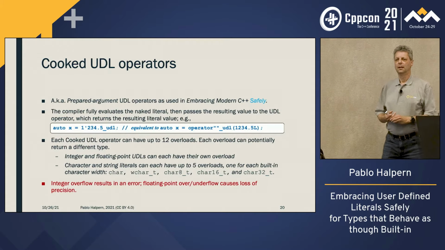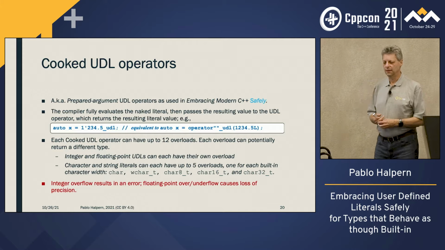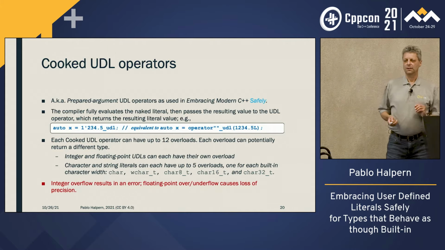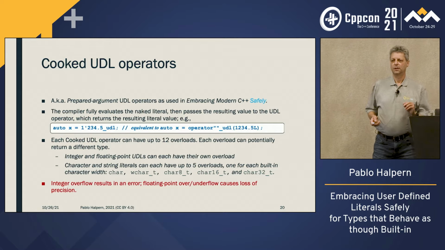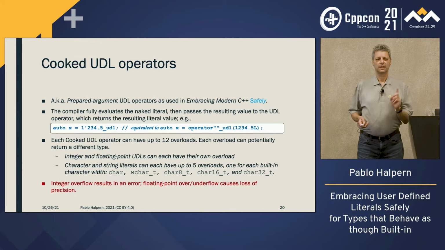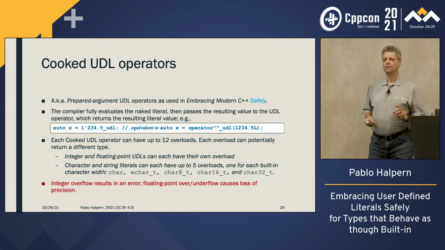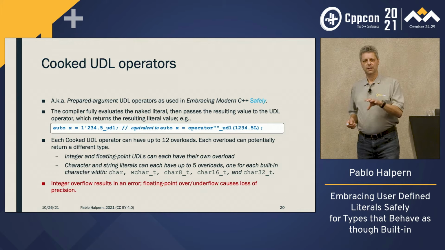All right, let's finally define our first user-defined literal. We're going to talk first about the cooked UDL operators, which is both the easiest, most obvious, and the most common type of user-defined literal. In fact, in the standard library right now, I'm pretty sure 100% of the user-defined literals in the standard library are cooked UDL operators.